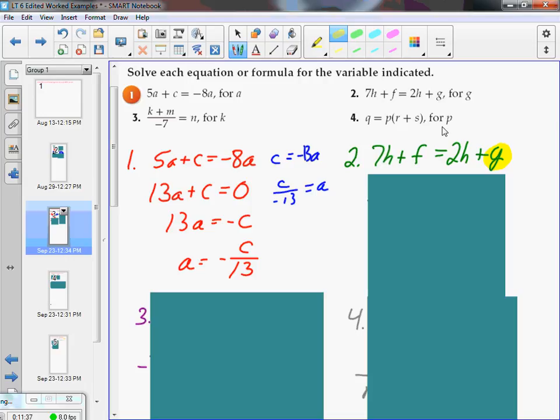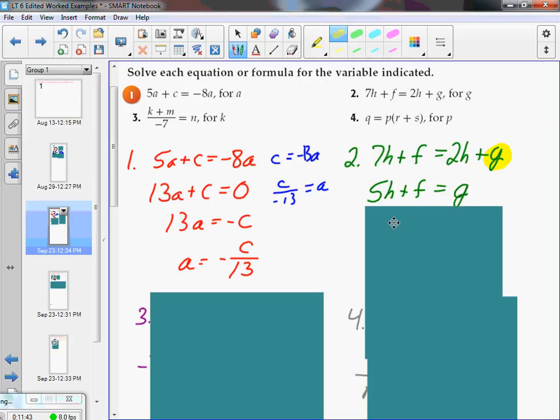Subtract 2H, right? What's 7H minus 2H? 5H plus F equals G. Am I finished? By golly, I'm finished. I was solving for G. G is all by itself. There's nothing else to do.